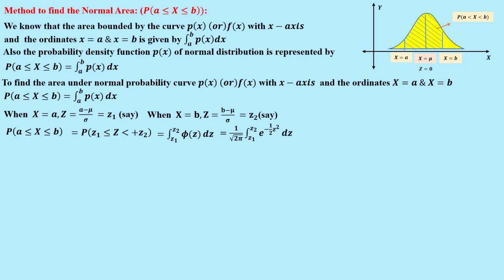That is 1 by root 2 pi integral z1 to z2. We know phi of z, right? E power minus 1 by 2 z square dz. 1 by root 2 pi e power minus 1 by 2 z square, that is phi of z.